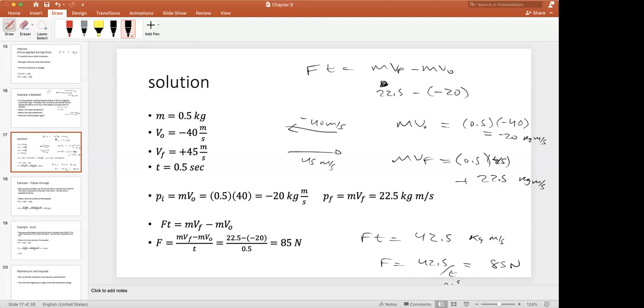So the batter had to apply a constant force of 85 newtons for half a second in order to change the momentum of the baseball and give it a final velocity of 45 meters per second. If you watch high school baseball maybe, or maybe junior high school baseball, that's about what you'll see.